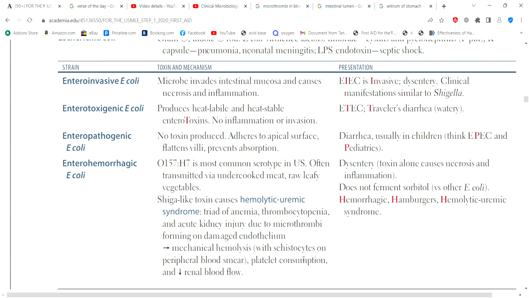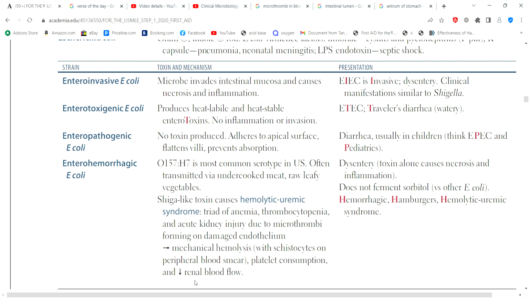Now we explained why there are decreased platelets: because platelets are being used up to form the clot, and there is decreased renal blood flow. There is decreased renal blood flow due to the increased microthrombi in the blood vessels of the kidney.